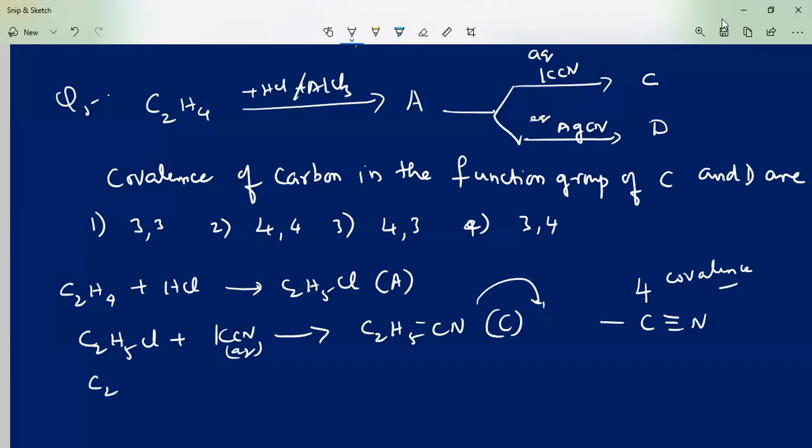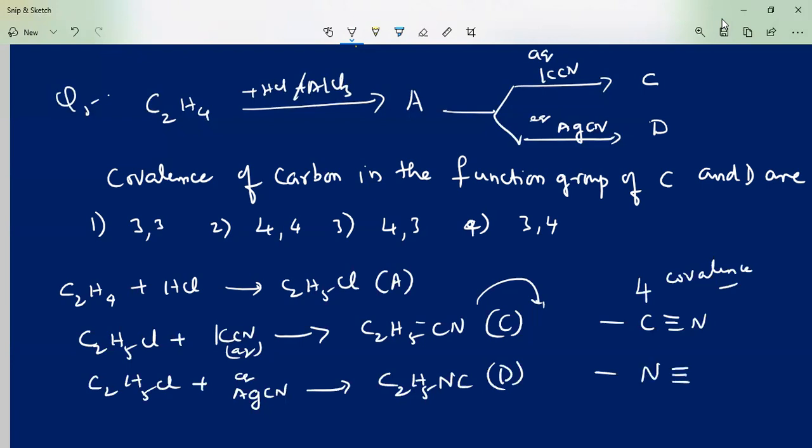See the other equation: C2H5Cl plus aqueous ethanolic AgCN. AgCN is predominantly covalent, and this will give C2H5NC, that is D. NC is isocyanide, where nitrogen and carbon are linked by a triple bond, but carbon has only 3 bonds.